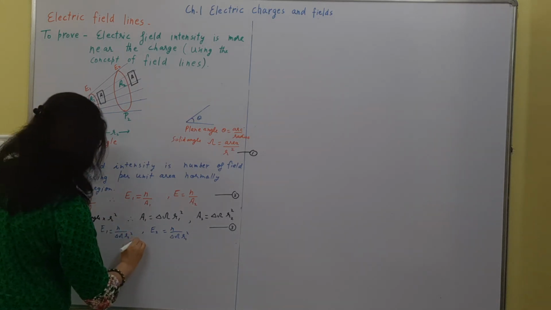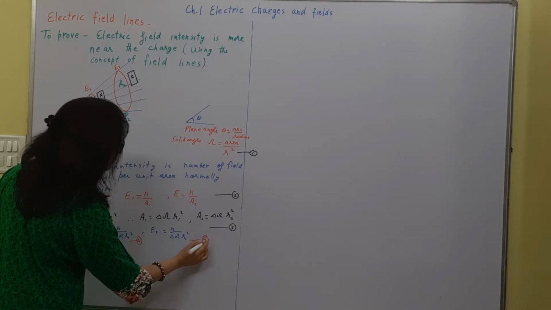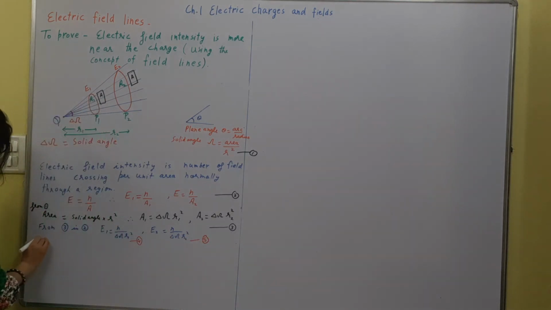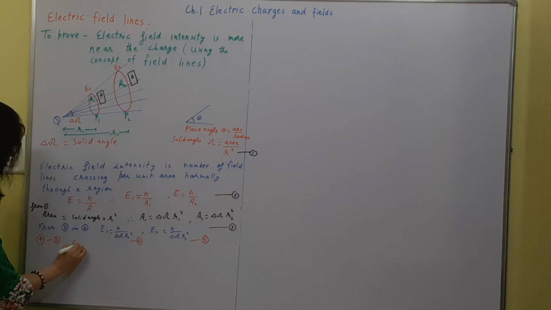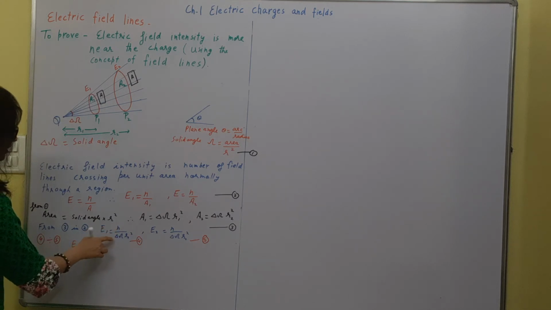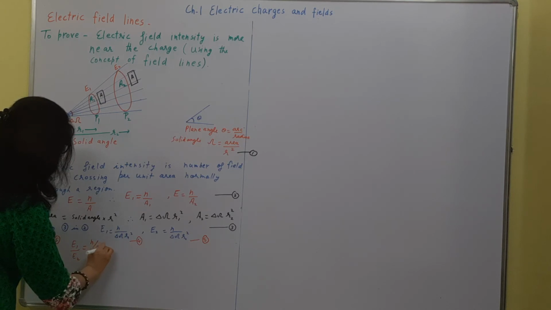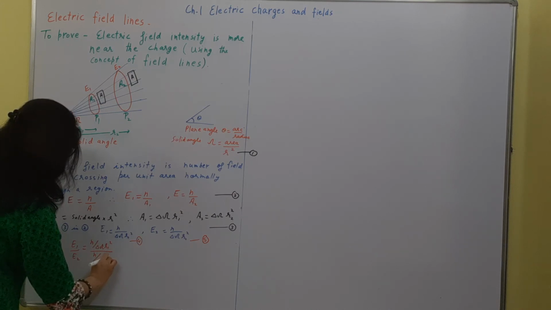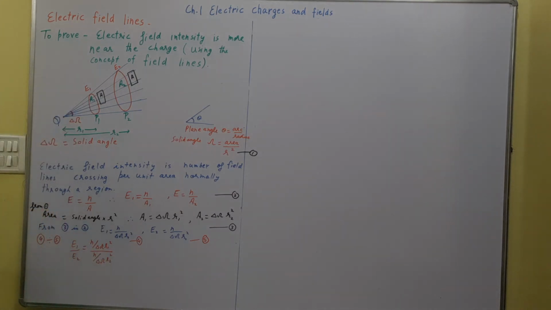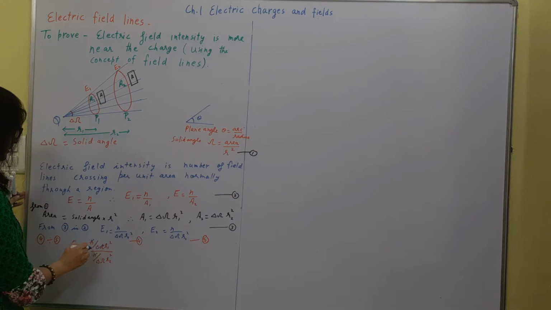I can mark this as 4 and this as 5, right? So 4 divided by 5, we can write E1 upon E2 is equal to, this is number density, so number per unit area, that's why I have written n same over here. So this is n upon delta omega r1 square upon n upon delta omega r2 square, because this is the same solid angle for these two areas, right? And this will be cancelled, this will be cancelled.